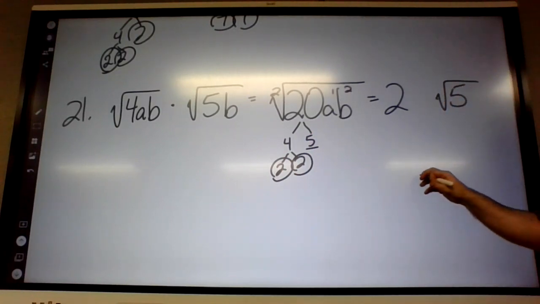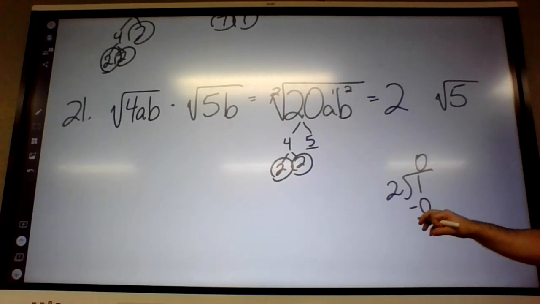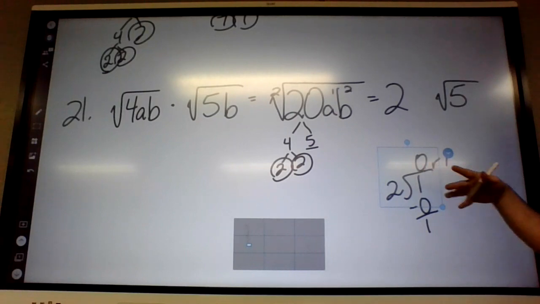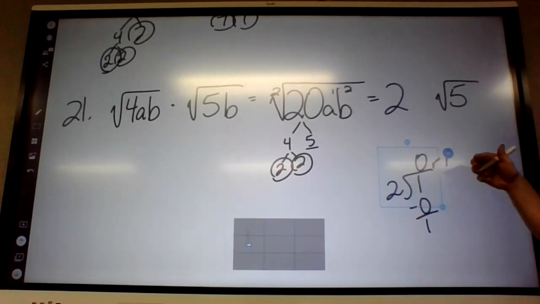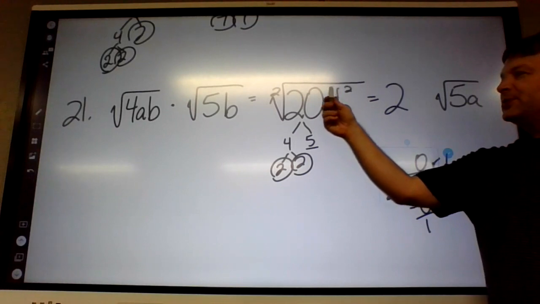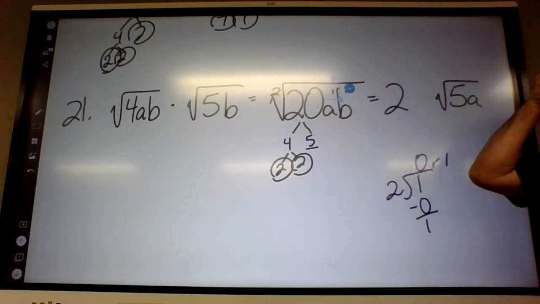Not really. 1 divided by 2 is 0 with the remainder of 1. So that means 0 a's come out, but the 1 a is still left behind. You can't do it if this number is not big enough to divide by this number. The square root of a does not simplify.